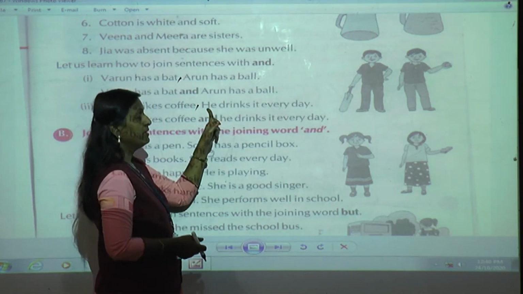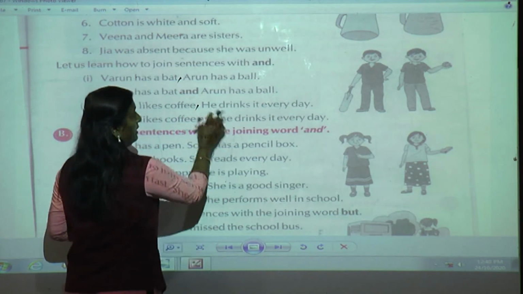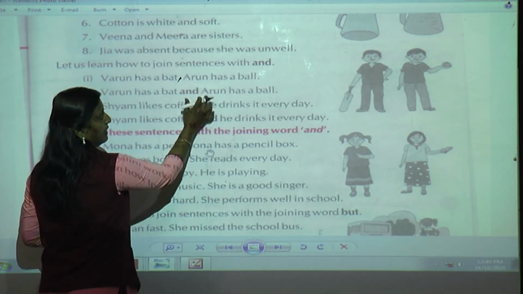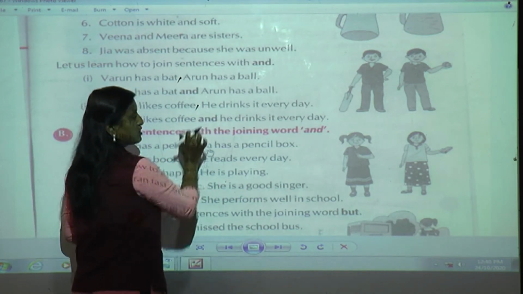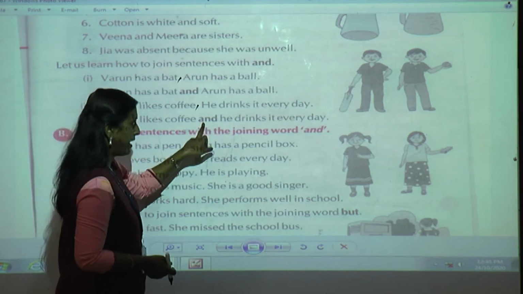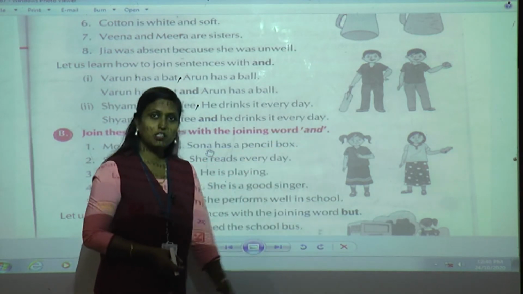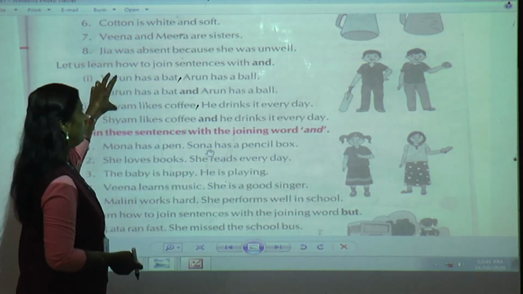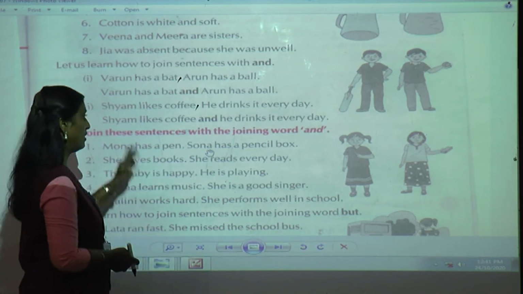So this will not be in capital, it will become small. Here why is it capital? Because it is the name of a person. Here it will become small. These are the small things which you have to keep in mind in grammar. Now and he drinks it every day, full stop. Understood, students? How we have joined with the conjunction and? I hope that you have understood.